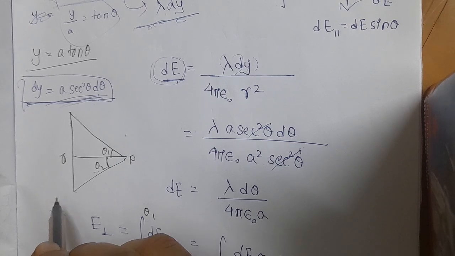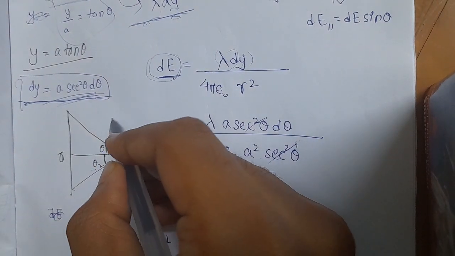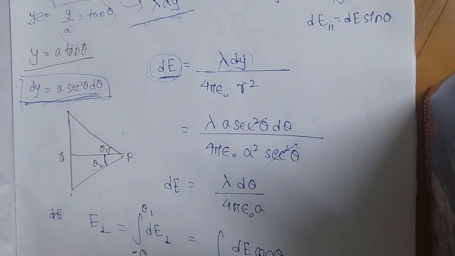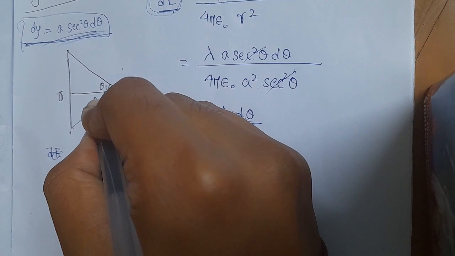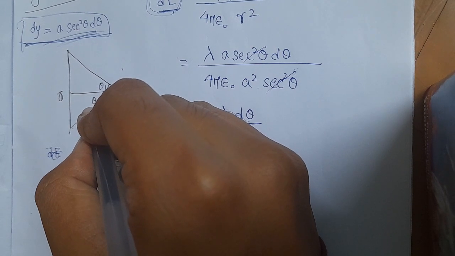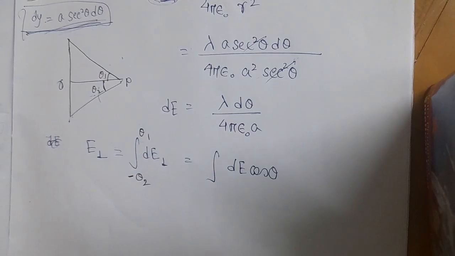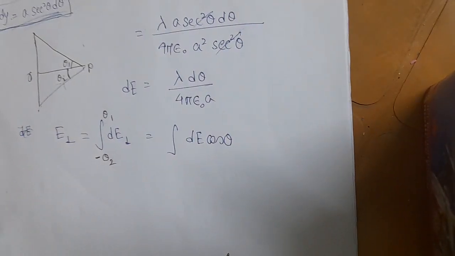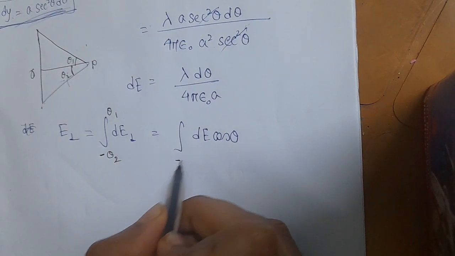I am going from here to the point here by covering this angle. So this is the direction of theta 2, this is the direction of minus theta 2, and this is the direction of theta 1. Okay, so this is another important thing that you should remember in this case.